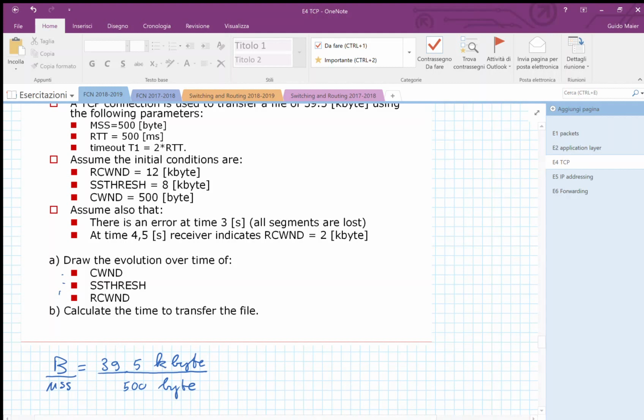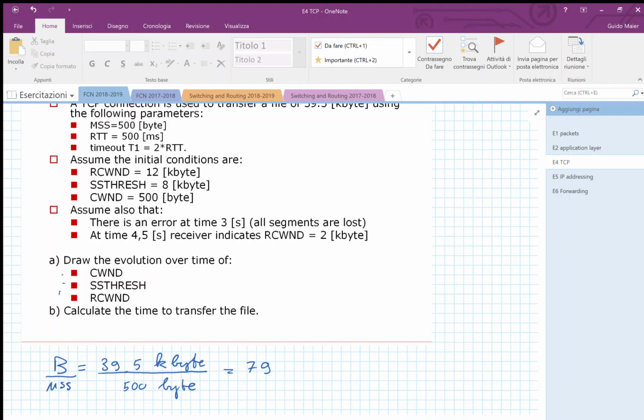And this results in 79. So the number of segments that we have to transmit is 79. And each segment is equal to the maximum segment size.